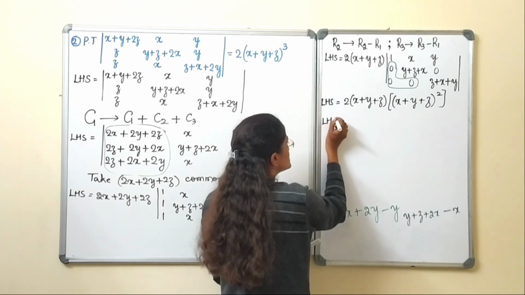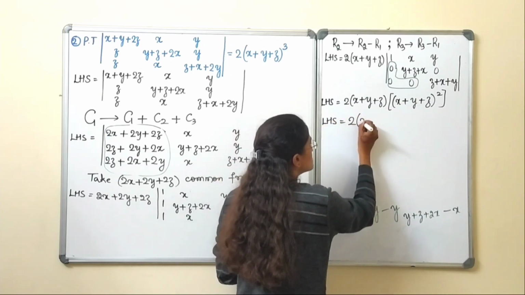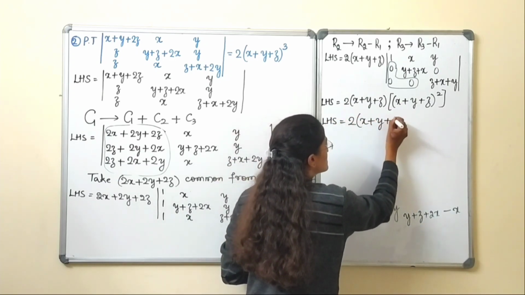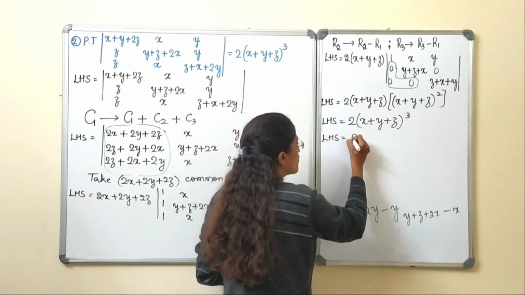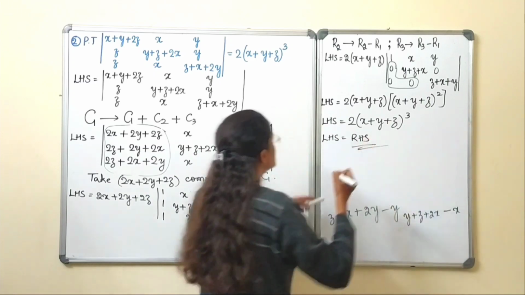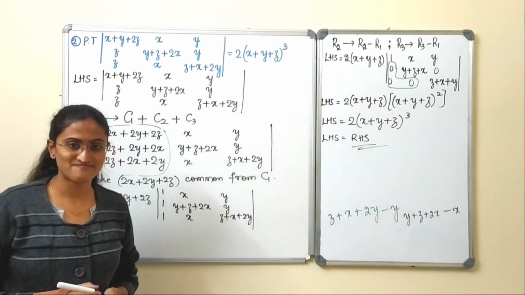Multiplying, we get LHS equal to 2 times x plus y plus z the whole cube, which is the required result, and hence it has been proved.